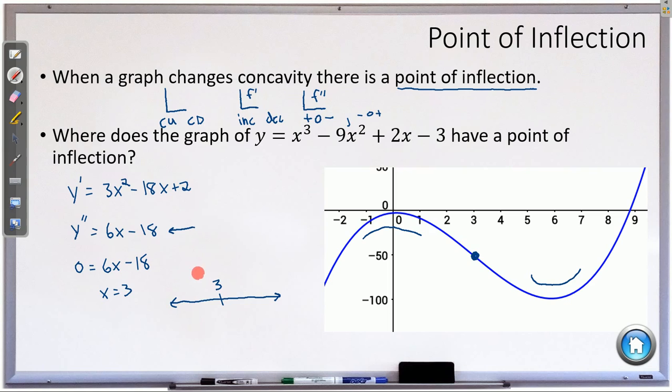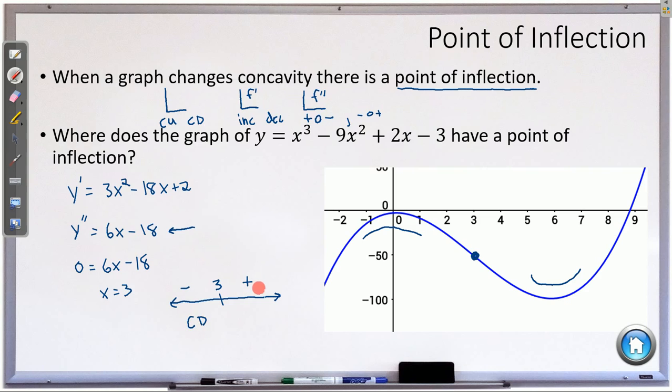So, if we plug in a number like 0, 0 minus 18 is negative. And if we plug in a number bigger than 3, like 5, 5 times 6 is 30, minus 18 is a positive number. So now we do know we in fact have a point of inflection, because this negative is a negative for the second derivative, and that means concave down.